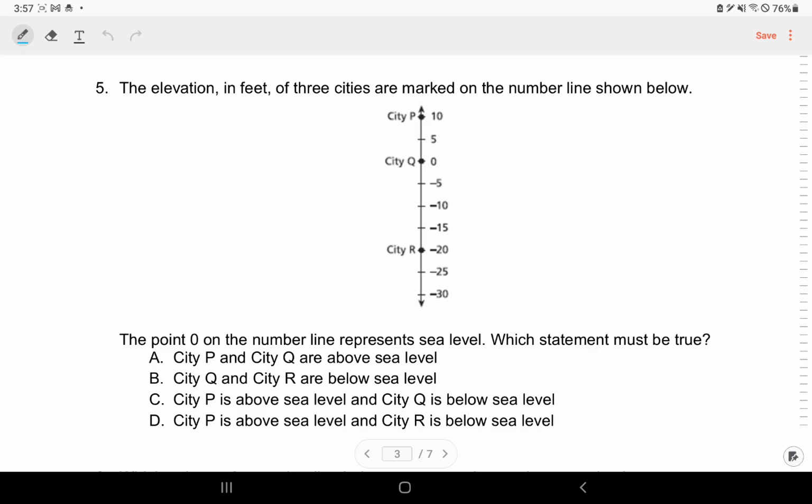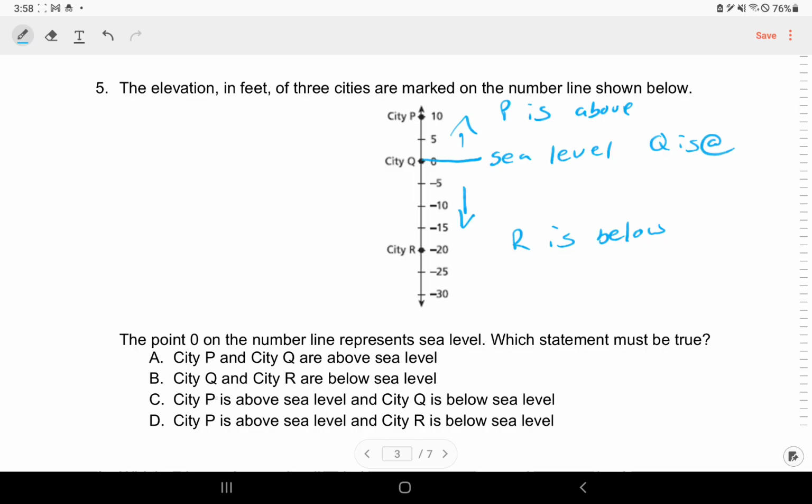City P and Q are above sea level. Well, if this is sea level, P is above, R is below, and Q is at sea level.